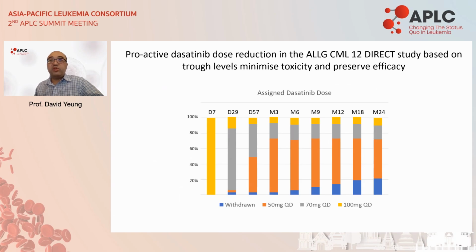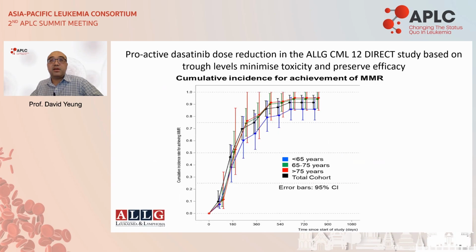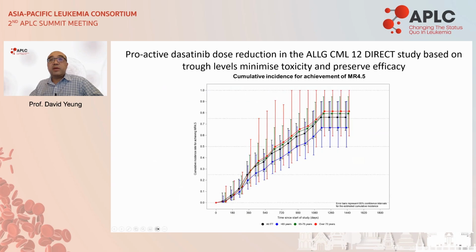We found that most of the time patients could dose reduce to 50 milligrams once a day and still have a safe and effective dose of dasatinib in the plasma. In the end, we saw a really high level of MMR achievement, about 80%. MR4.5, this is close to 3 years there, was up to 70%.